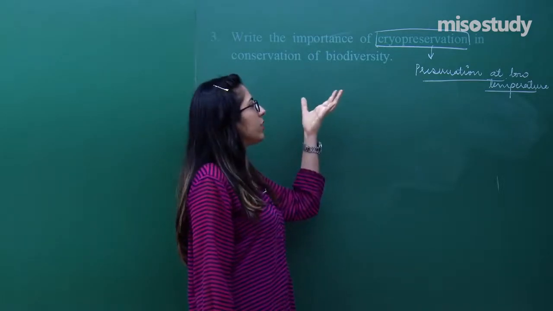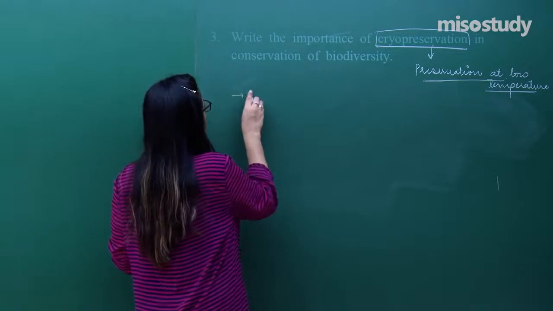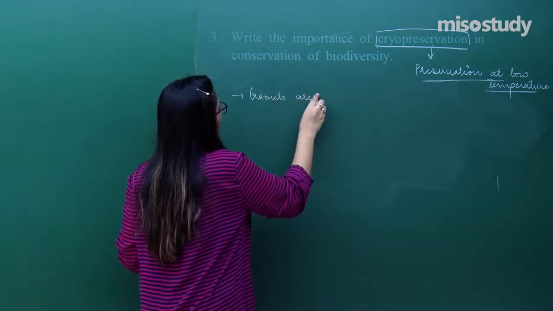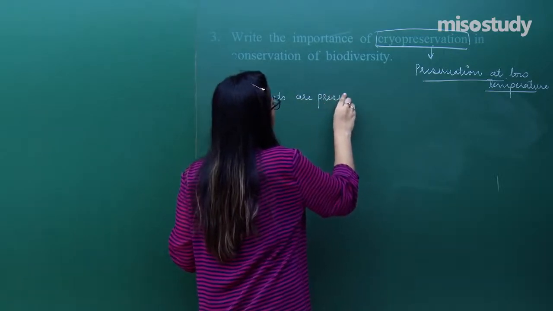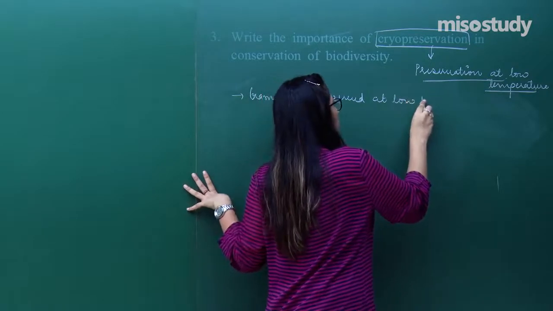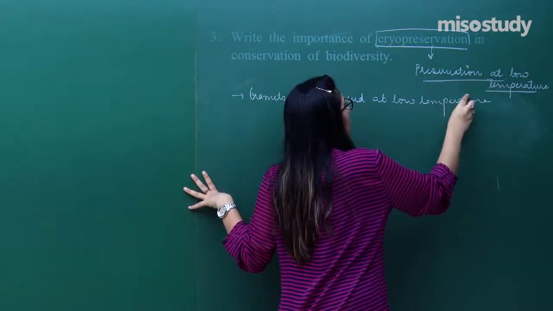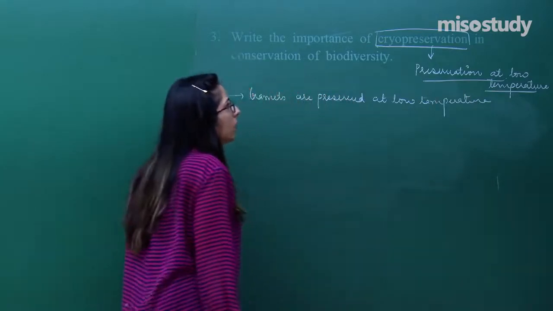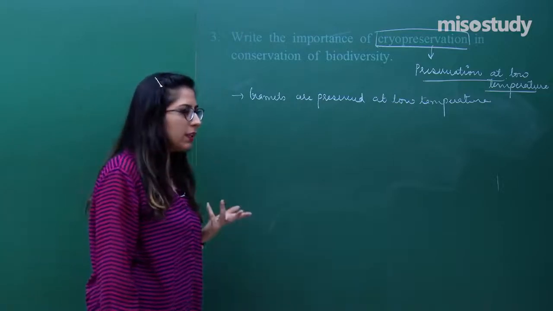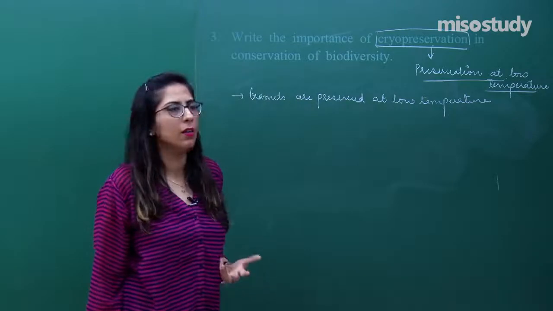Cryopreservation is one of the latest techniques. In this, the gametes are preserved at low temperature so that they can be reused. This is basically done for those species which are in the endangered category, so that they can be further formed.